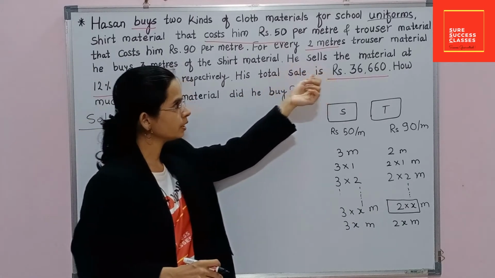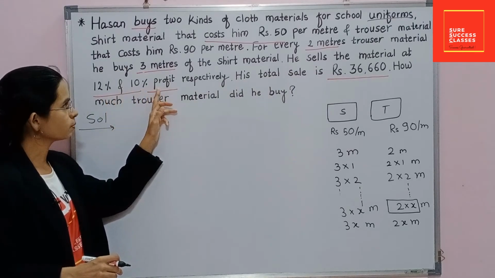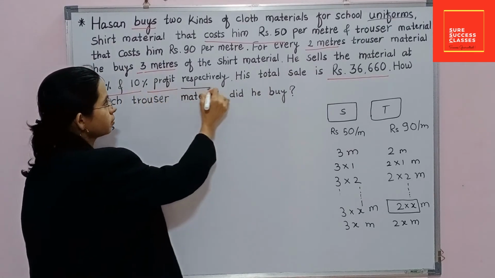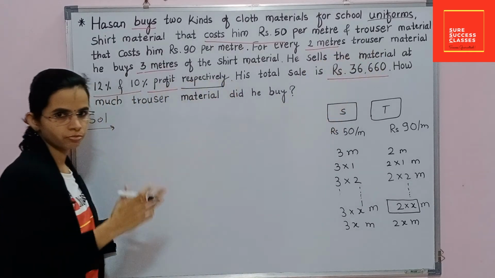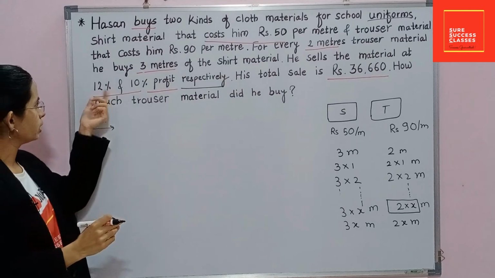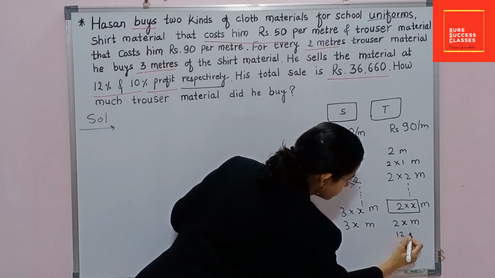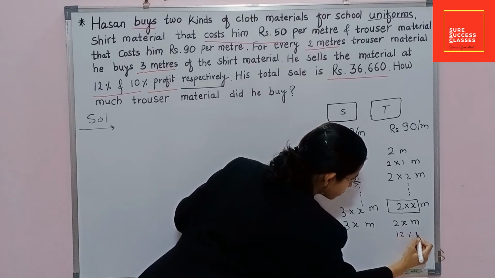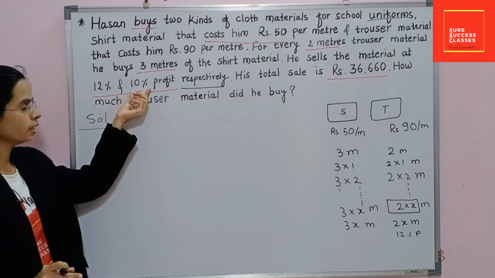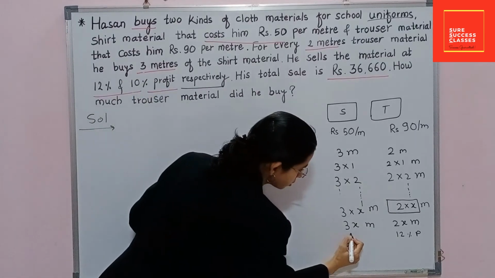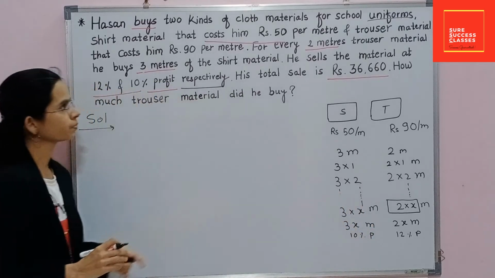He sells the material at 12% and 10% profit respectively. Here in this sentence, trouser material is mentioned first. So we will put 12% profit for trouser material, and 10% profit for shirt material.